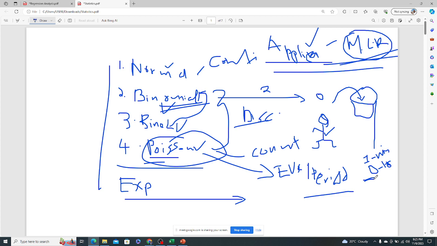Of course we'll talk about more assumptions which we make under binomial distribution, because we usually assume that each trial is independent of the other, meaning that the first outcome does not affect the second outcome.